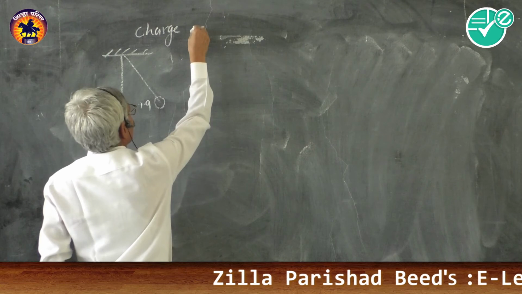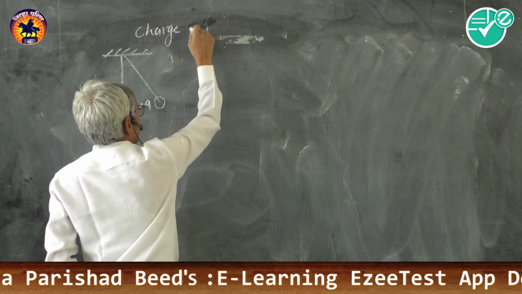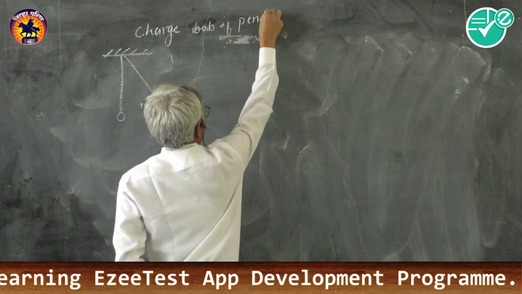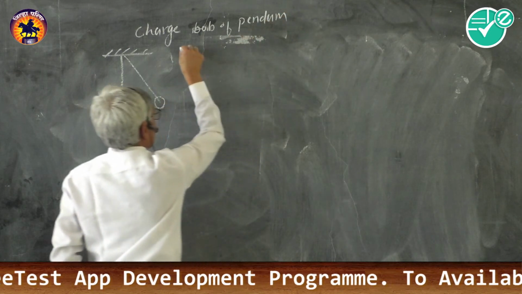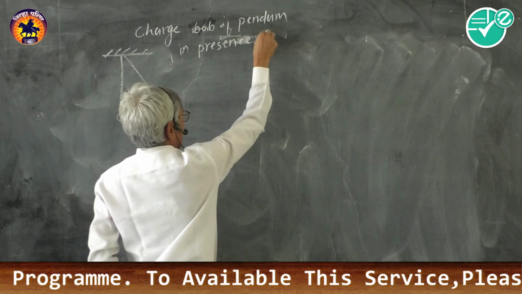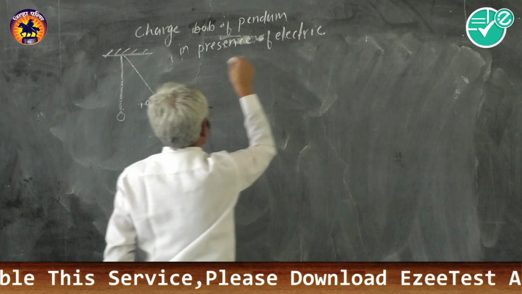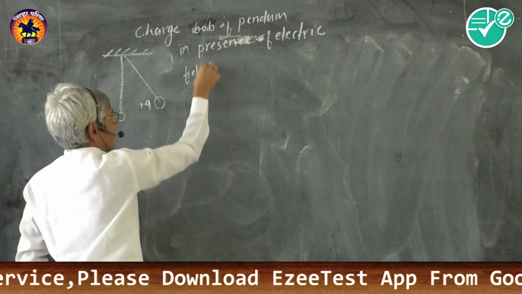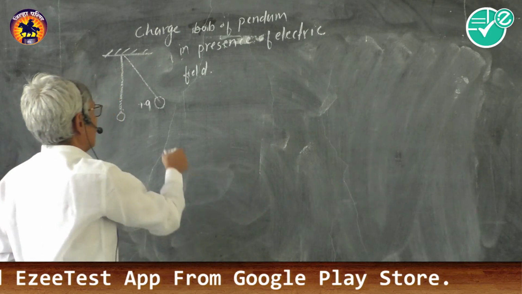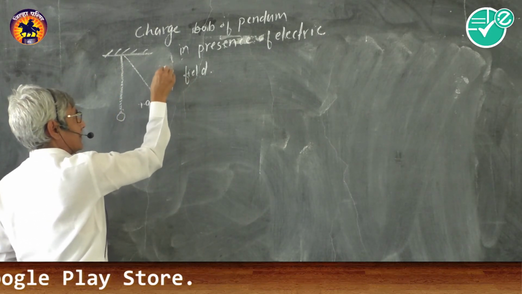In case of a charged bob of a pendulum in presence of an electric field, now suppose that the electric field is directed upward.